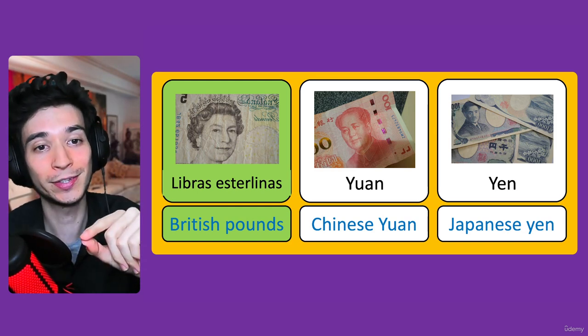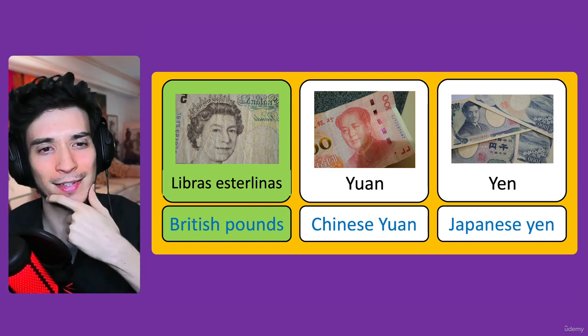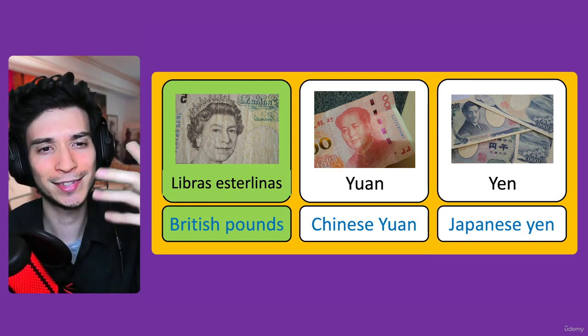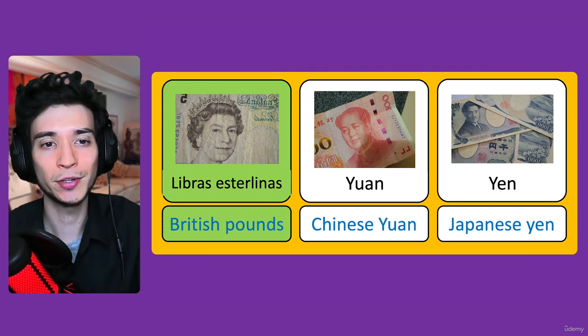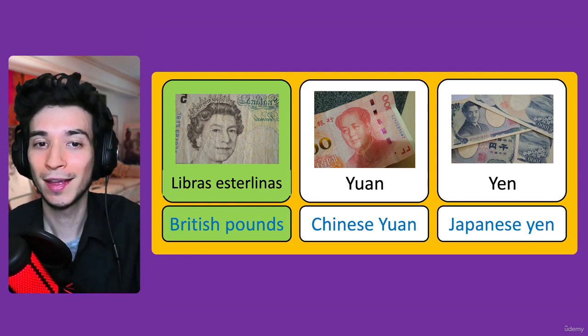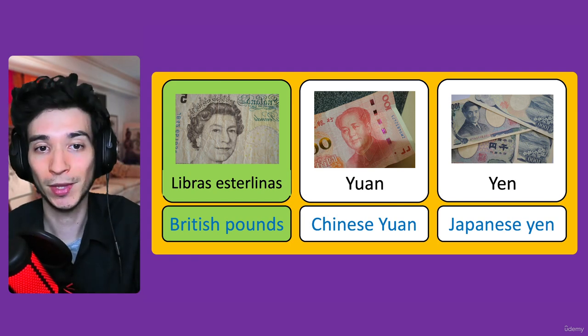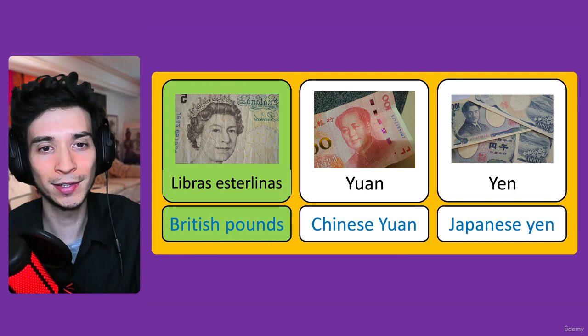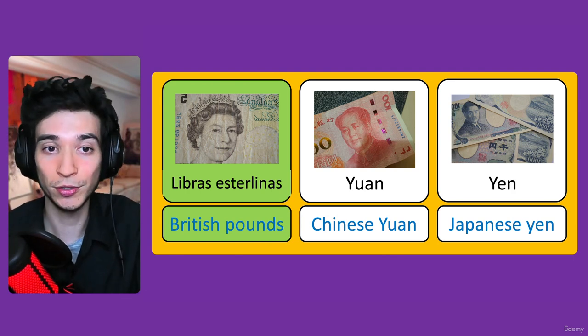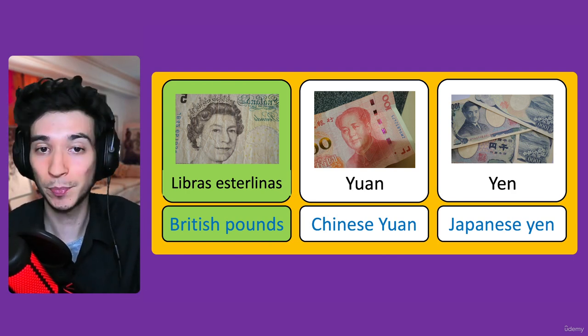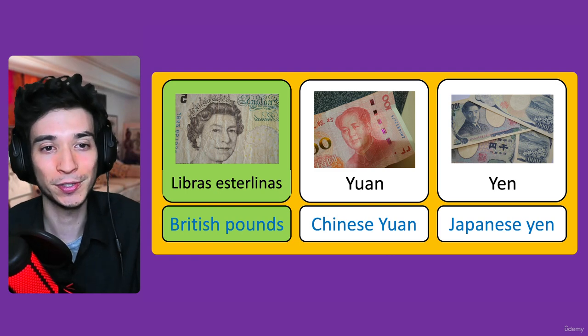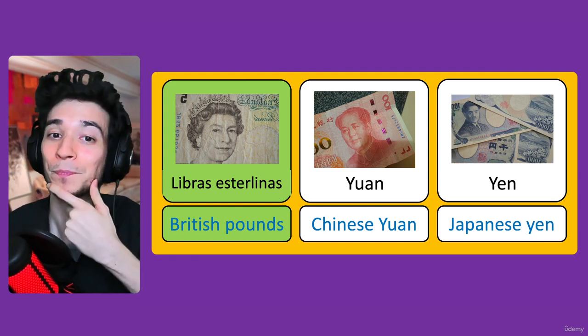Esterlinas, I'm not sure, it kind of means sterling, but basically British. Maybe it's just a British word. Libras esterlinas, British pounds. So libras is pounds. Esterlinas, I am not sure, but it's probably British. So libras, sterling pounds, but I don't know what sterling means.